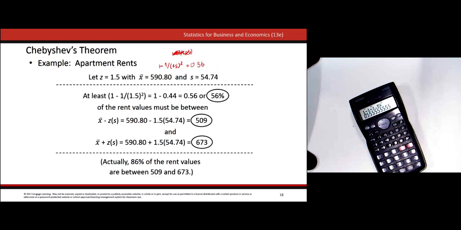This means 56% of the rent values must be within 1.5 standard deviations of the mean.